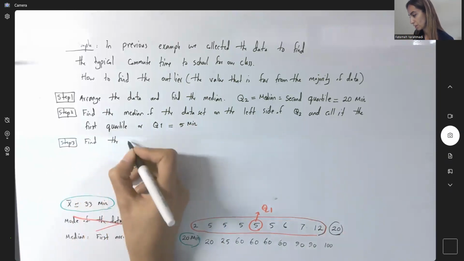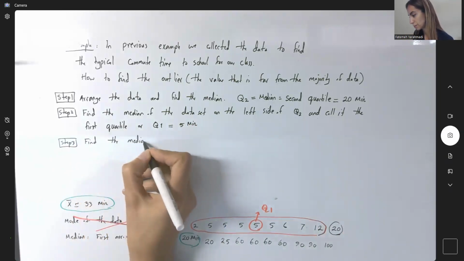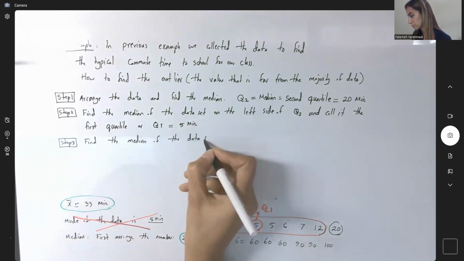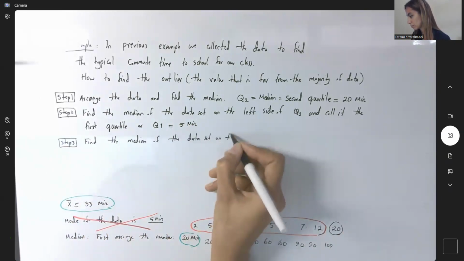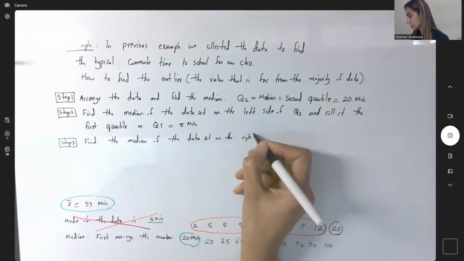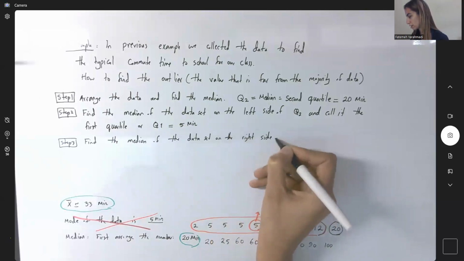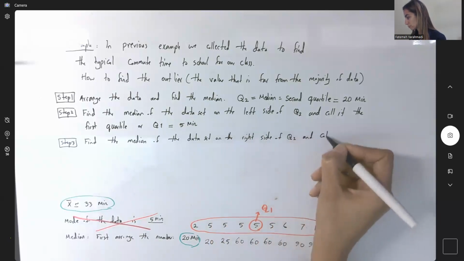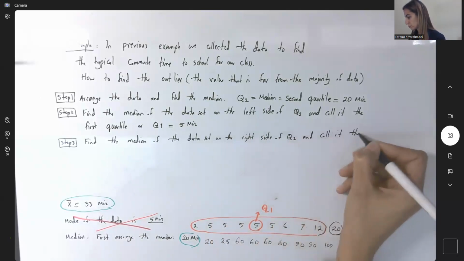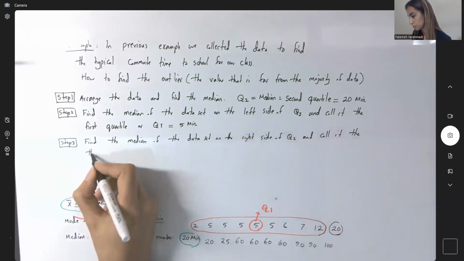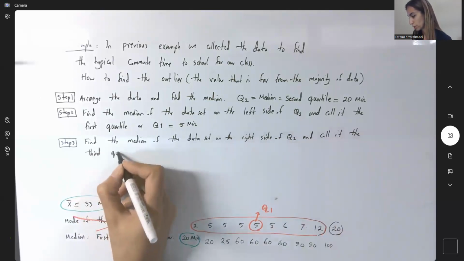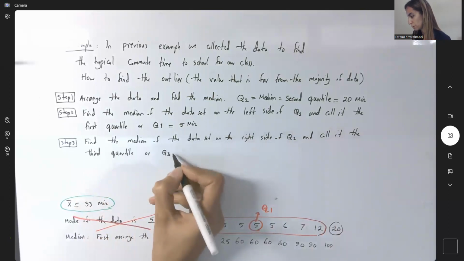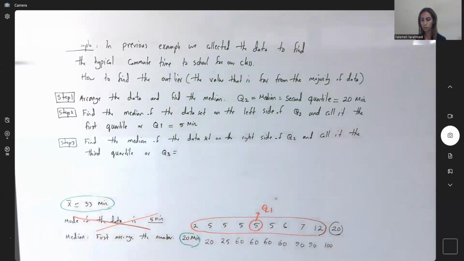Find the median of the data set on the right side of Q2 and call it the third quartile or Q sub 3.